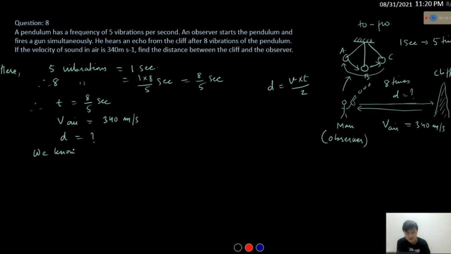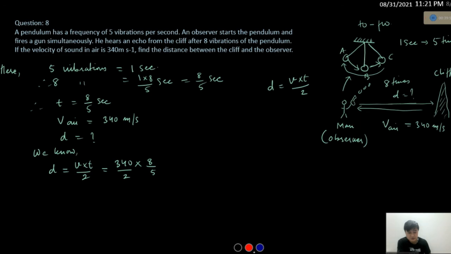This sum is quite interesting, right? D is equal to V into T upon 2. V is 340, and T is given as 8 upon 5, and we have upon 2 also.